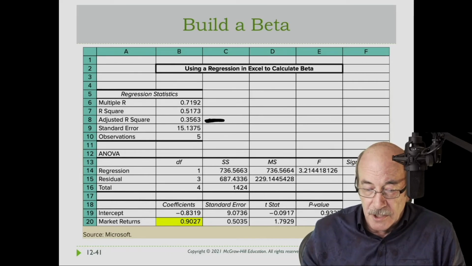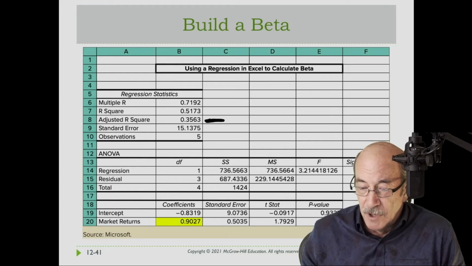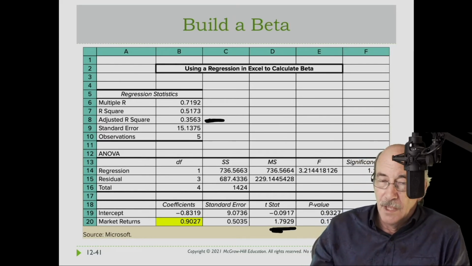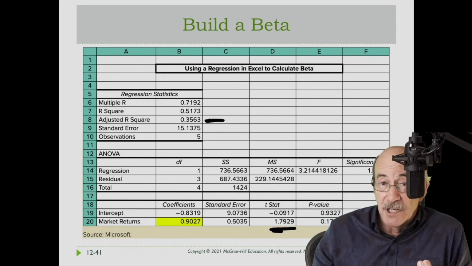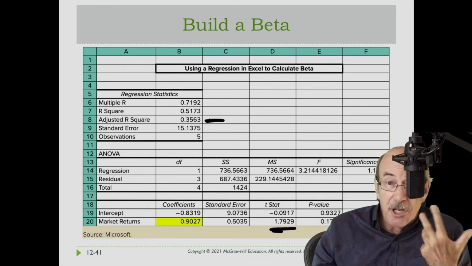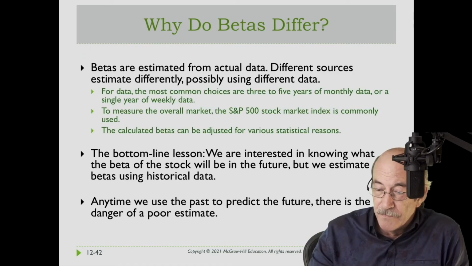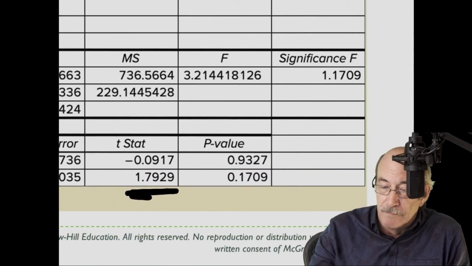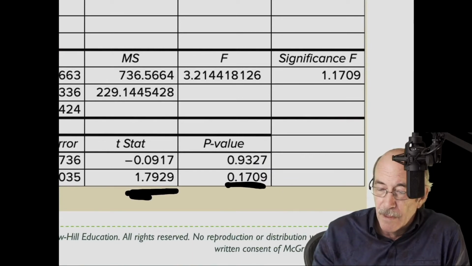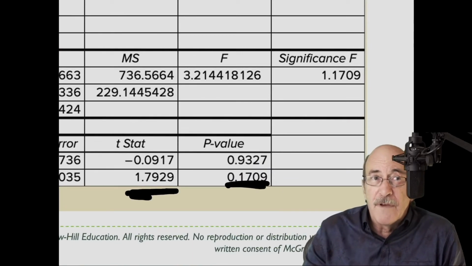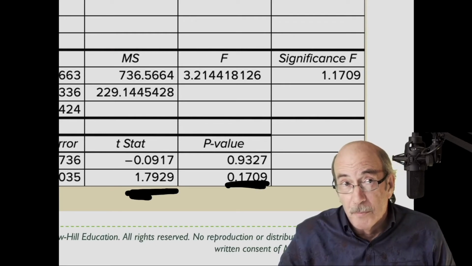Another important thing to keep in mind is that I want to look at this t-stat here. And the higher the number on the t-stat, the better. Another way to look at the t-stat is to use the p-value. And there, the p-value, I'm looking for a low number, right?